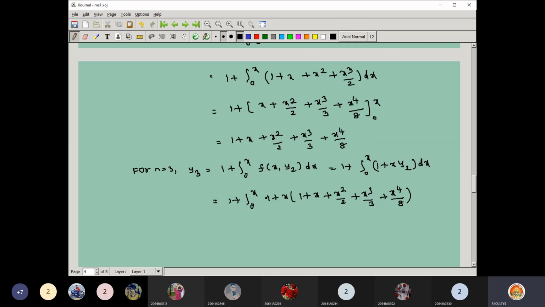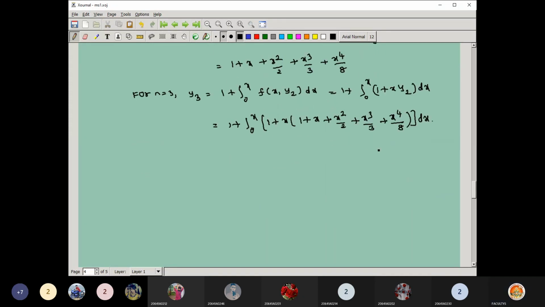That value I am substituting, and overall it is of dx. Do the simplification first. So 1 plus integral 0 to x, 1 plus x, that is x square plus x cube by 2 plus x to the power of 4 by 3 plus x to the power of 5 by 8.